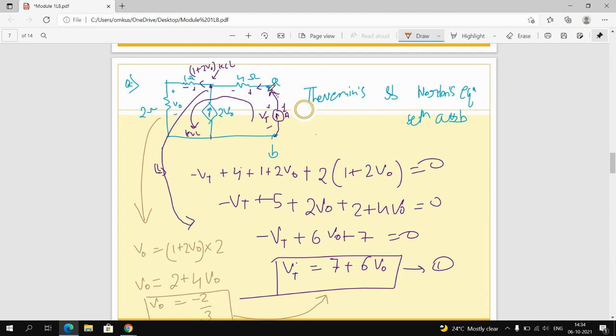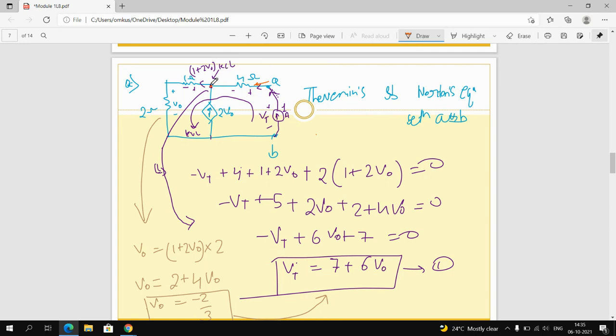This 1 ampere goes through this branch, so the direction of current is this side. And this is a voltage dependent current source, and its direction is also given to you. Now apply KCL here.